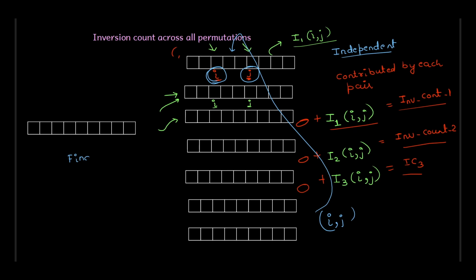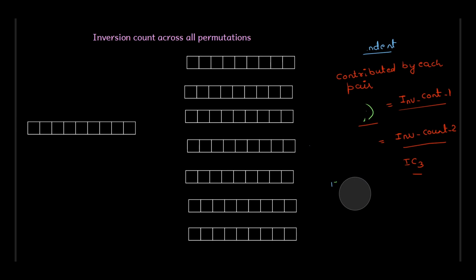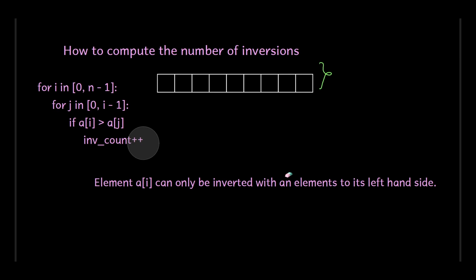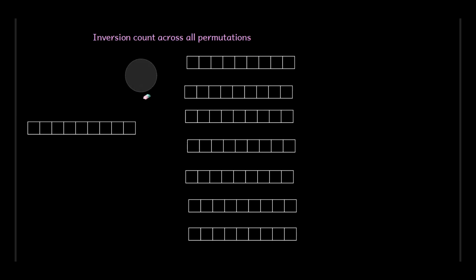The final answer is your inversion count across all n factorial permutations, right? You want to count inversions across n factorial permutations. So now we can say that each I comma j contributes something. Previously, so you see that this contribution technique is growing. Previously, it just contributed to one single array's inversion count. Now it is contributing to the sum of inversion count across all the permutations.